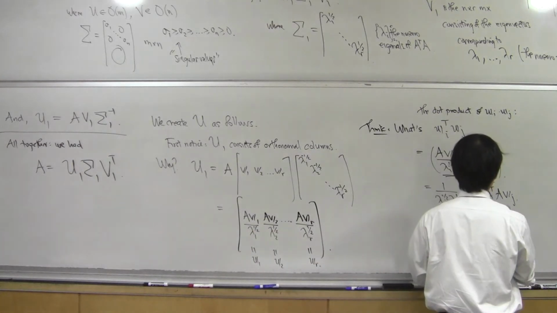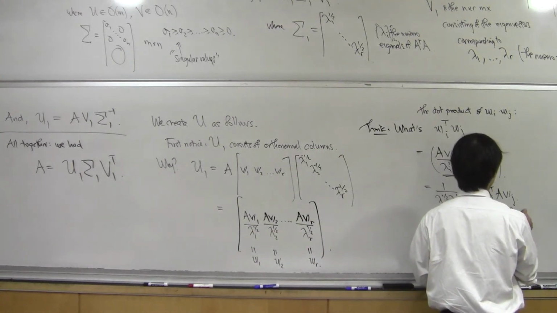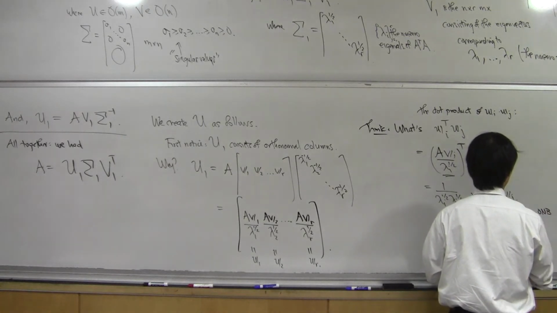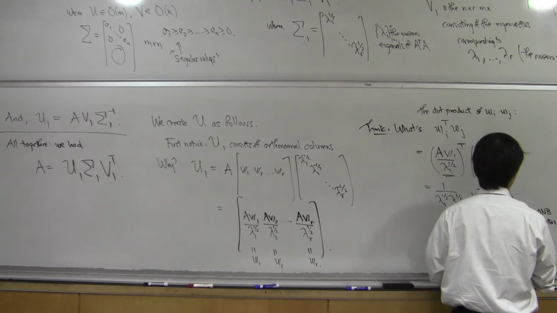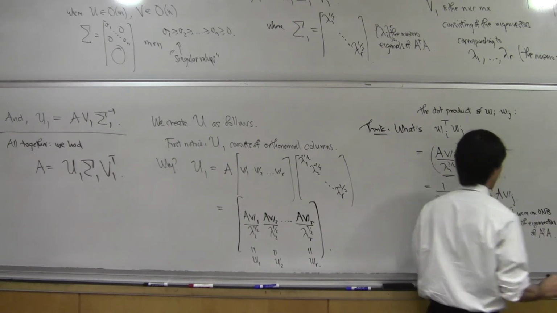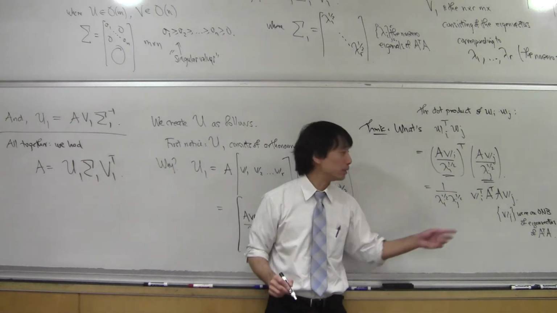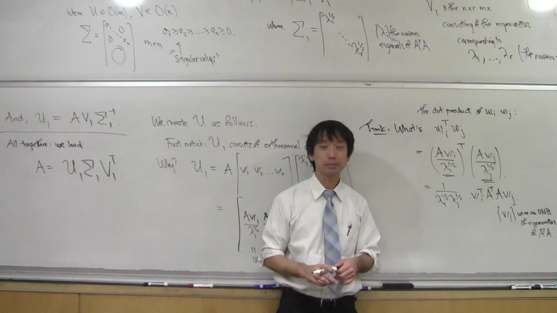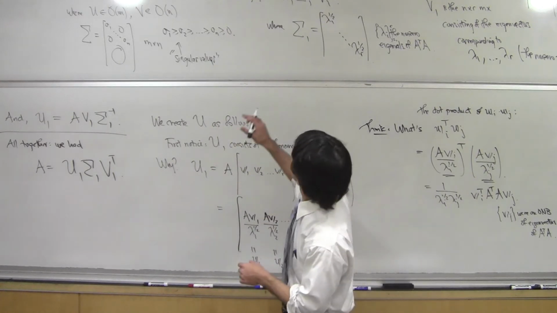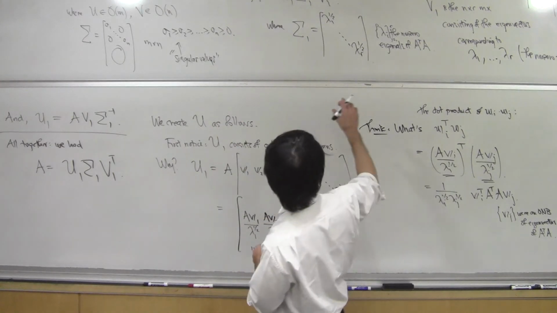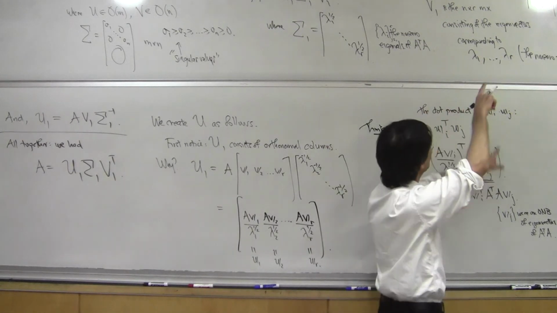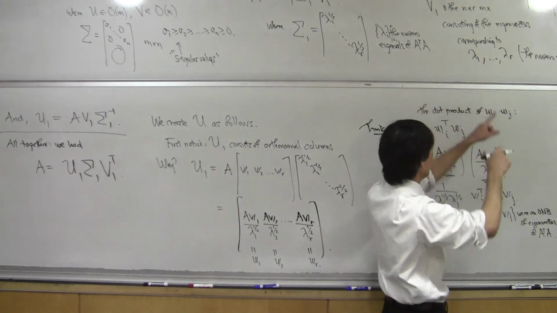So the Vj were an orthonormal basis of eigenvectors of A transpose A, because they're from the matrix that diagonalizes A transpose A, with eigenvalues lambda 1 through lambda r.